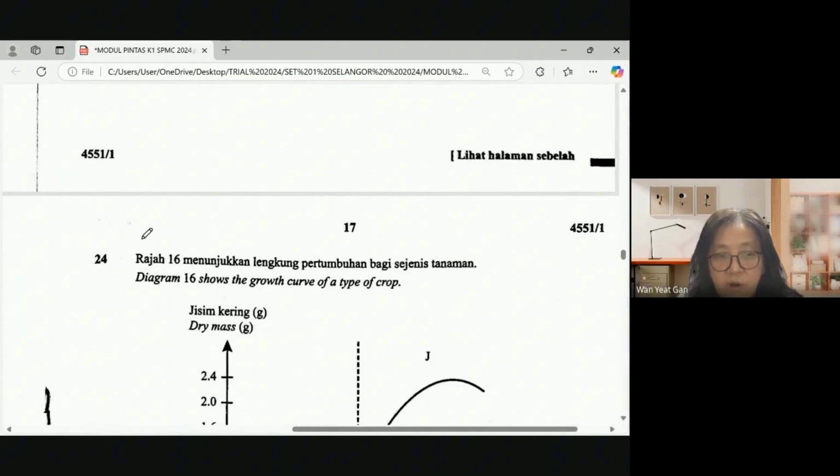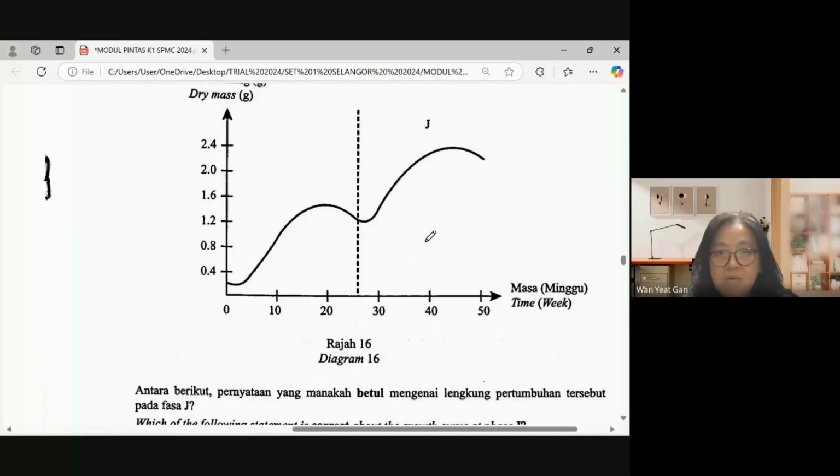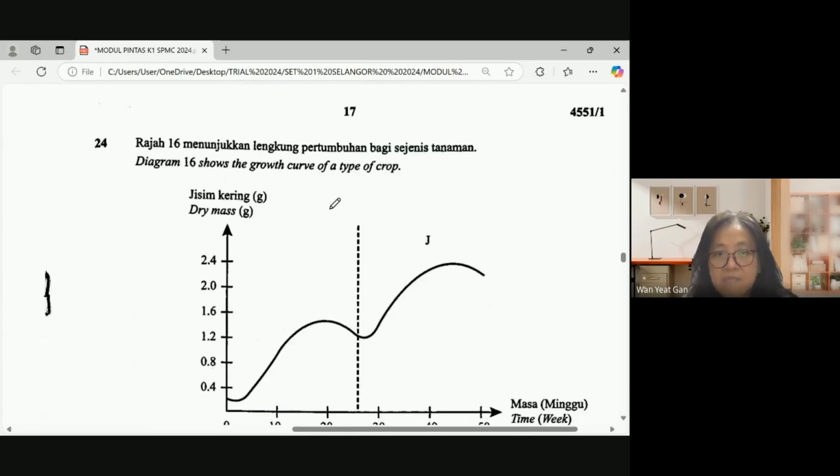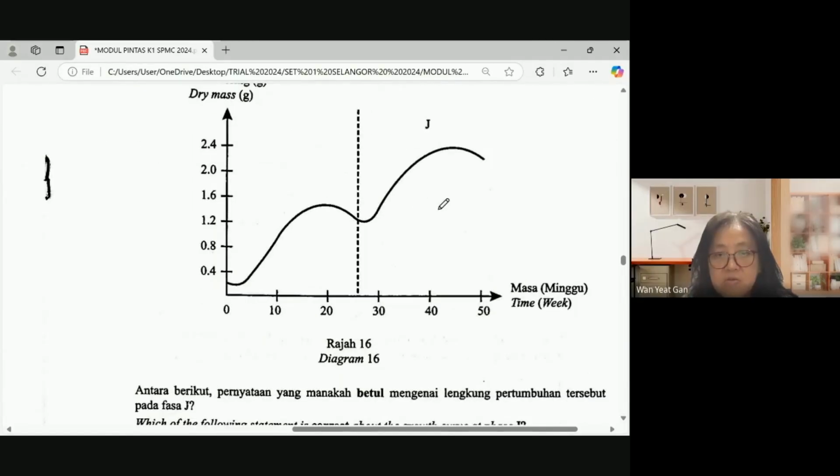Question 24. Diagram 16 shows the growth curve of a type of crop. Which of the following statements is correct about the growth curve at phase J? Now, phase J is the second year of the growth curve of this plant. This plant is a biennial crop. That means it takes 2 years to complete its growth cycle.